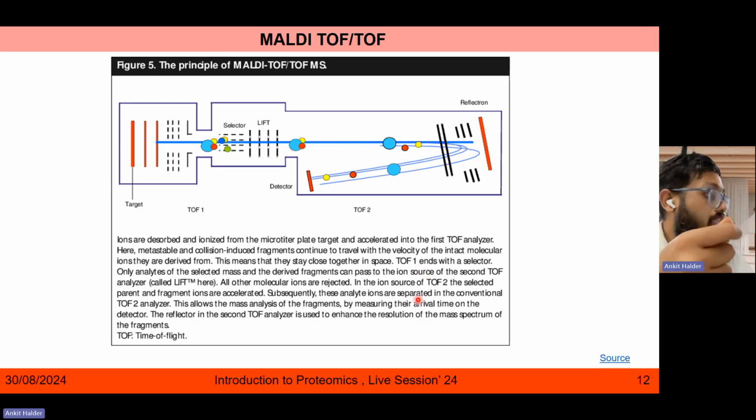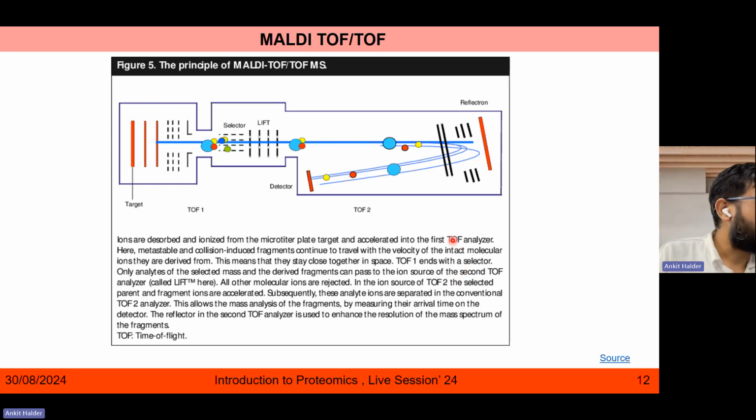Then TOF one ends with the selector. What does the selector mean? From the name you can deduce that only the analyte of the selected mass and the derived fragments can pass to the ion source of the second TOF.